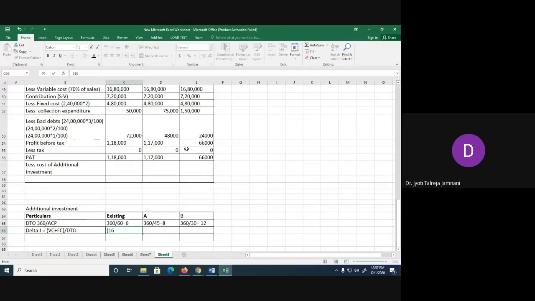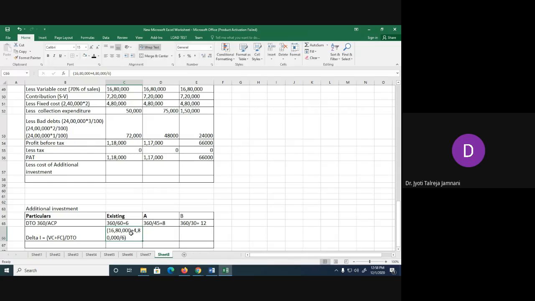So 16,80,000 plus 4,80,000 divided by 6 times here, which is the same. Here it is divided by 8 times and divided by 12 times.